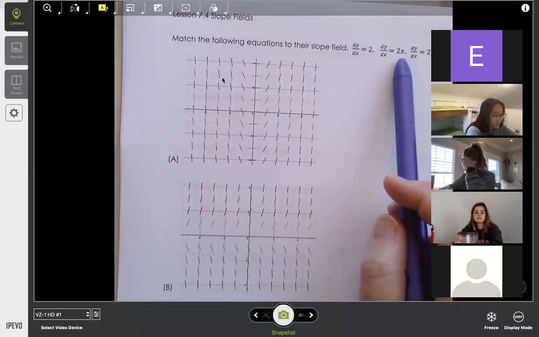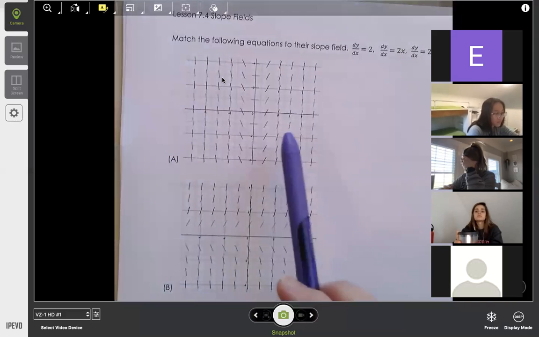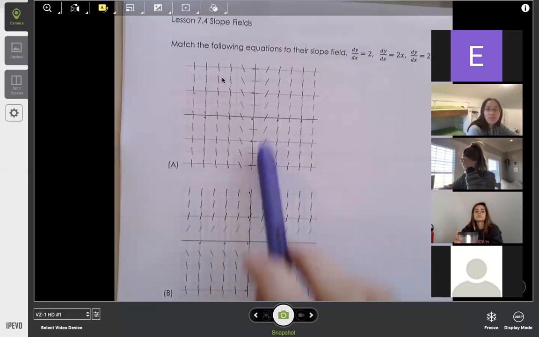I think so. Okay. So that means that when x is 1, it doesn't matter what y is. Everywhere where x is 1, it should have the same slope. Does that make sense? So is that happening in which one of these three graphs?